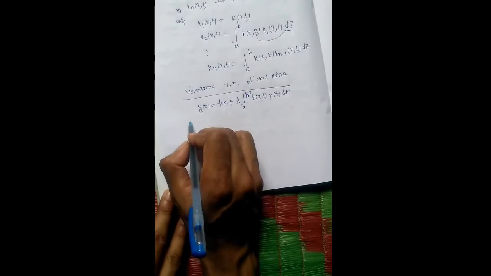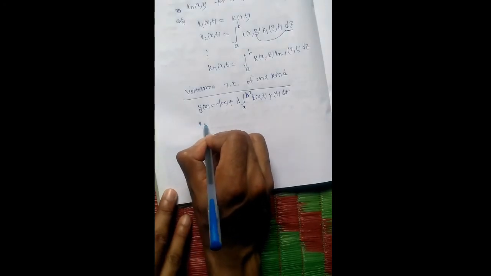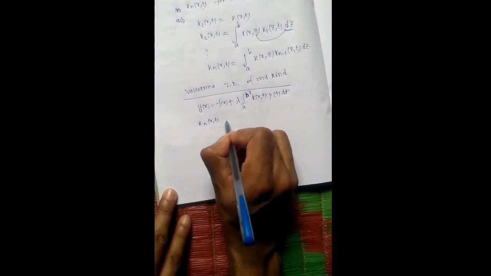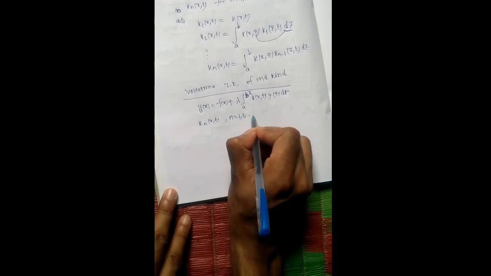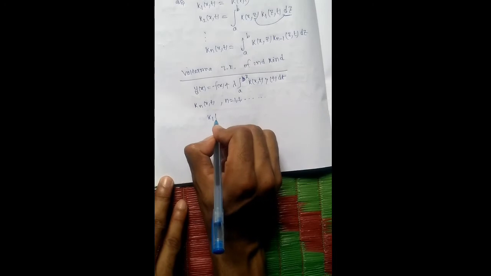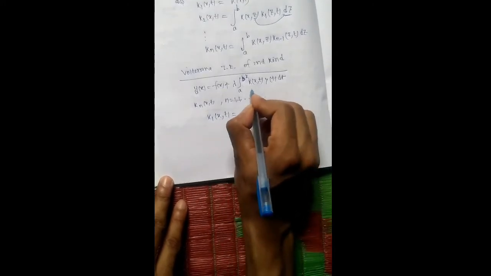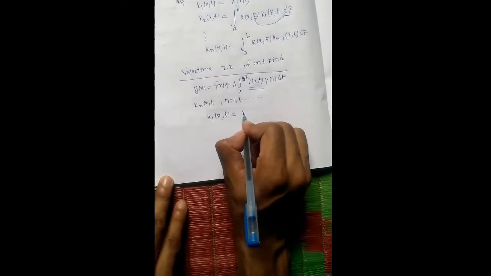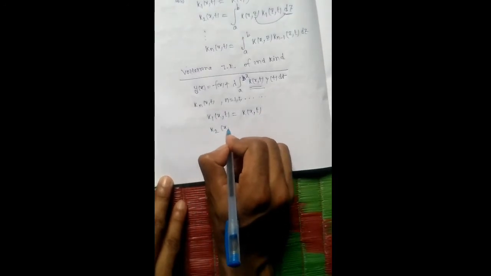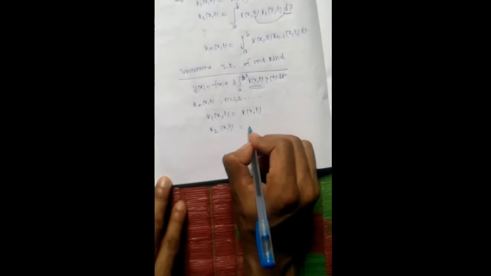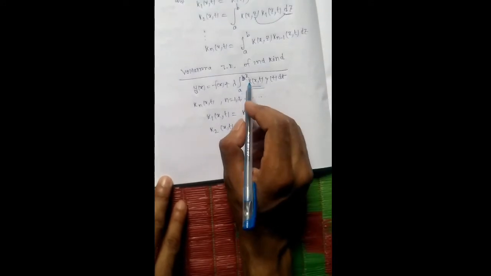Similarly the iterated kernel K_n(x,t), n equal to 1, 2, and so on, are defined below, where K_1(x,t) is always K(x,t), but this is interesting, K_2(x,t), this is integration over not a to x.